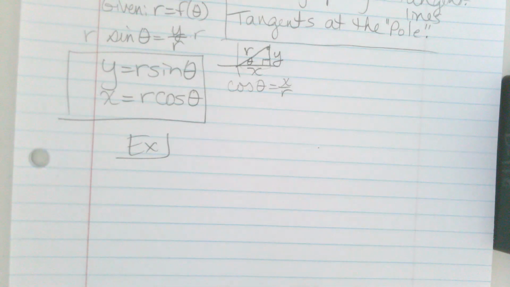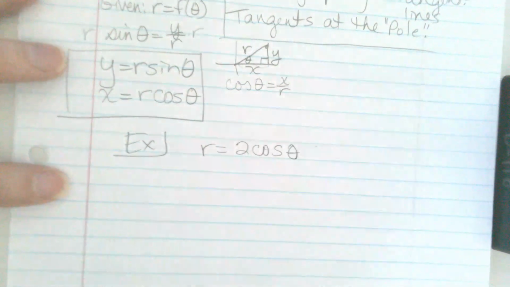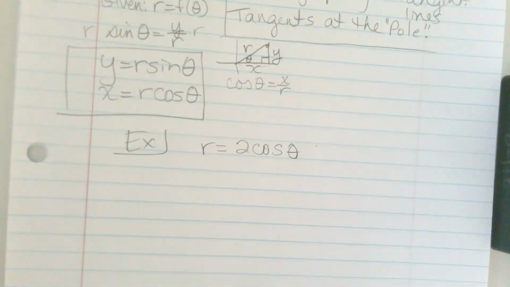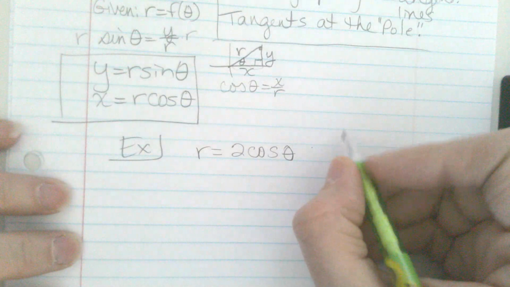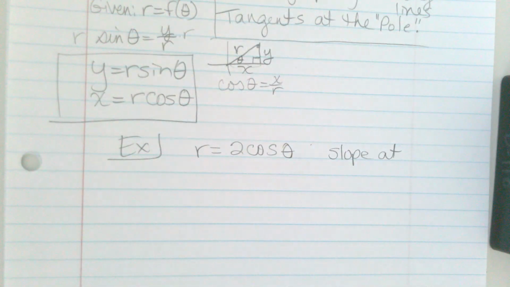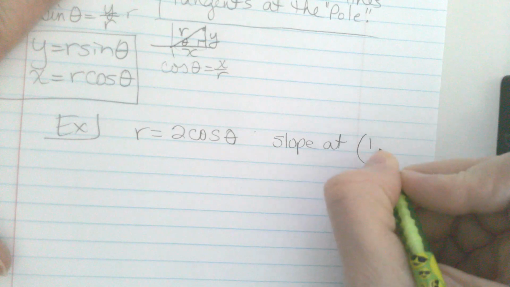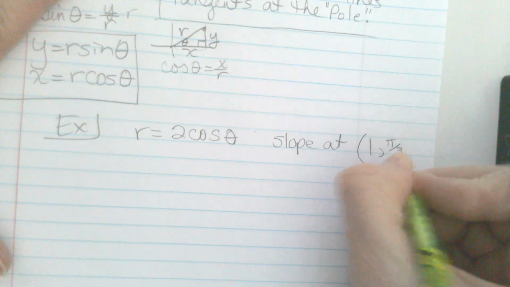Let's just say r equals 2 cosine theta. And I want you to find the slope of the tangent at the point (1, pi over 3).